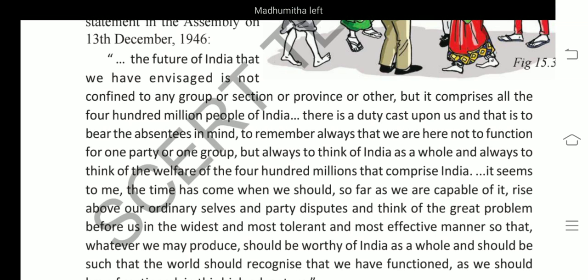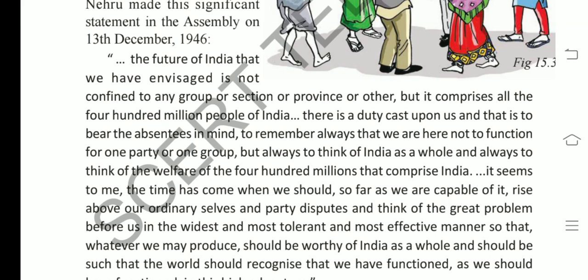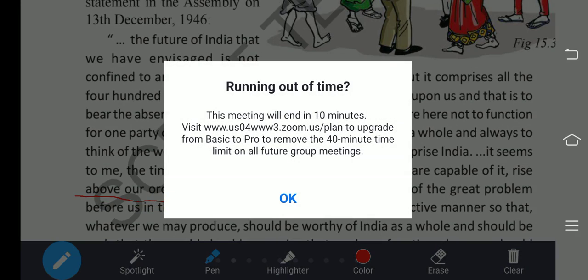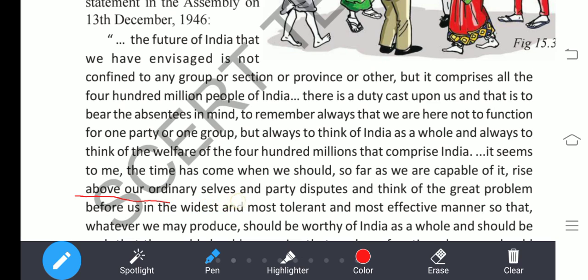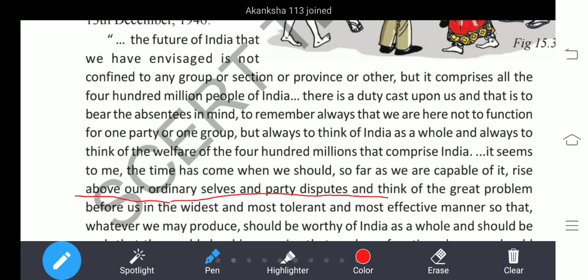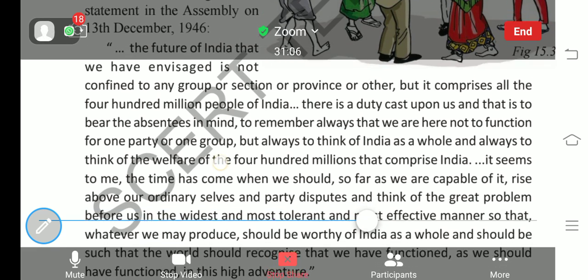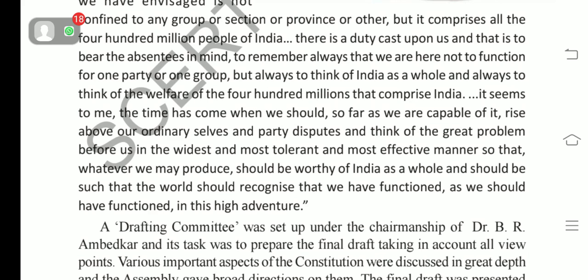That is the deeper meaning of what Nehru is saying, that we should rise above our ordinary selves and party disputes. What is meant by party disputes? Congress and the Muslim League have a dispute. So they should keep the disputes aside and think of great problems. Understand? What are the great problems?